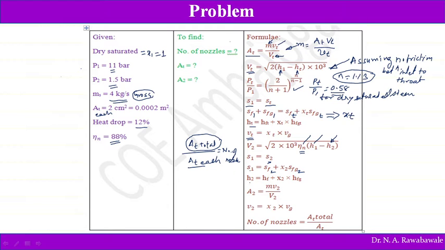Then H2 can be obtained. Once we know H2, we can find V2, using the formula v2 equal to x2 into vg at 2, and then we can find the velocity at 2. So the number of nozzles is equal to total area divided by area at throat for each nozzle.